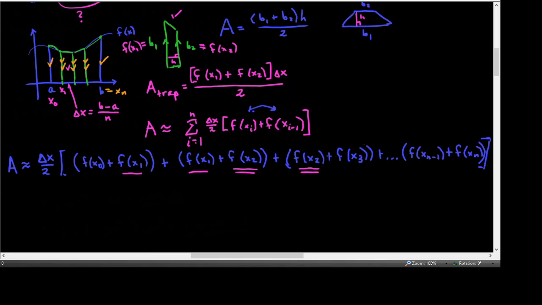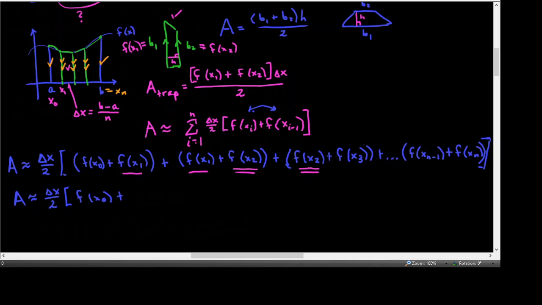And so that leads us to say that in a more compact form, this will be what we do every time we do a trapezoidal rule.